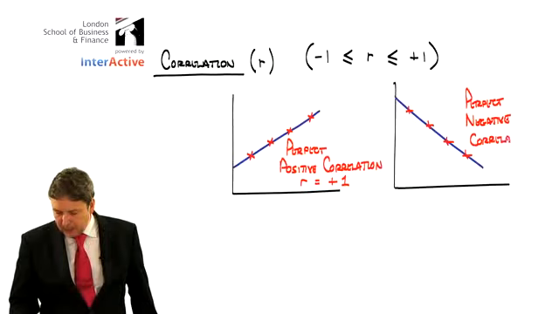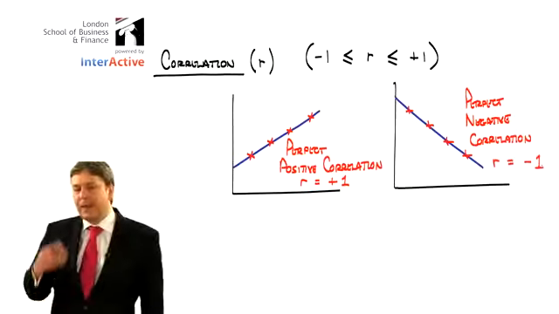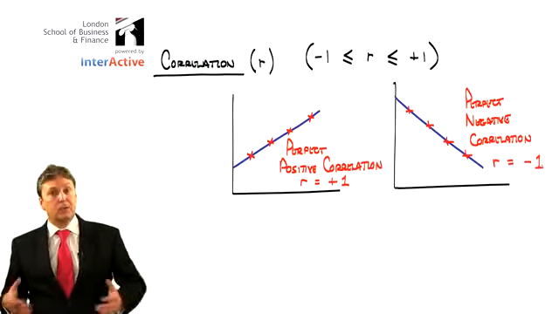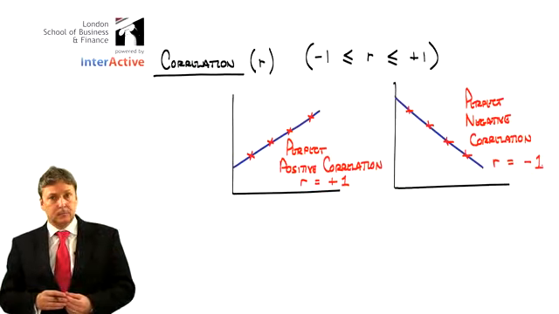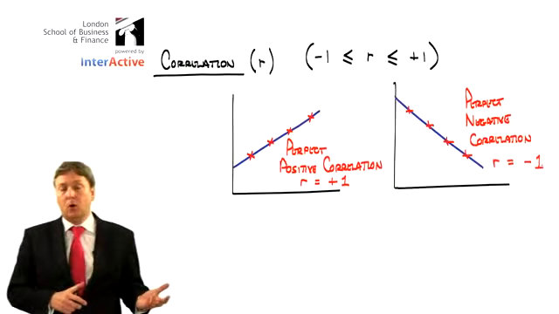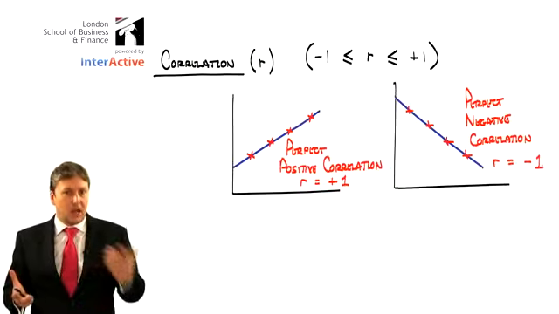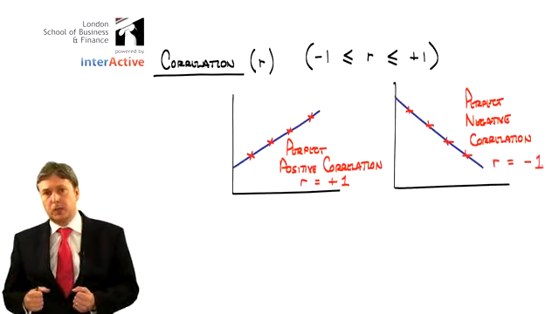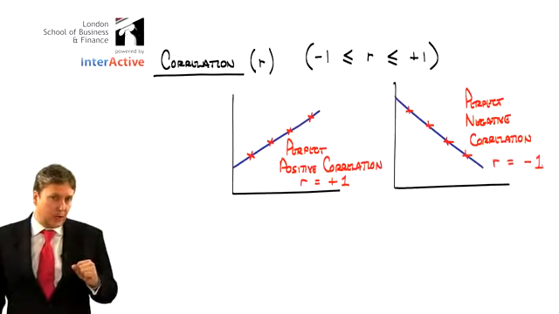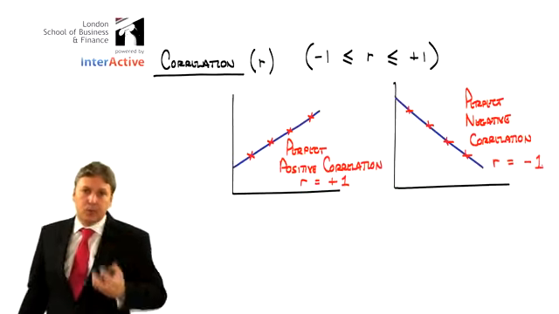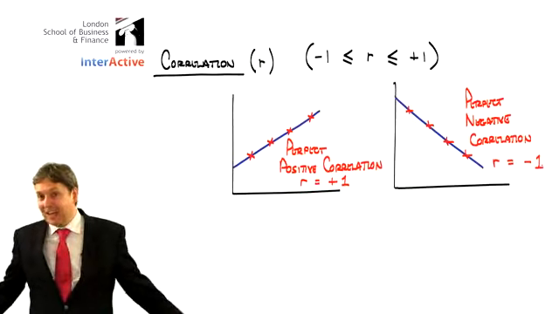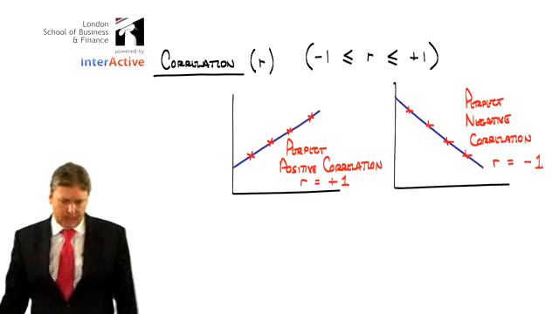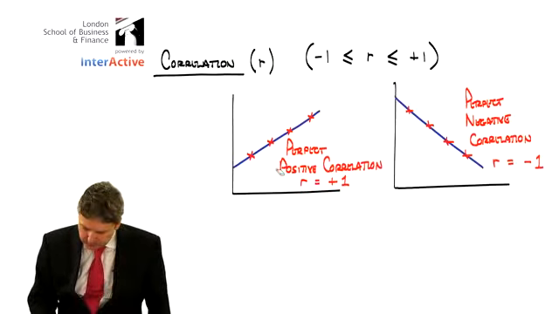Now, in either form, we would be absolutely happy that the underlying data supports the line because of the perfect relationship between the pairs of data and the line itself. The fact that it's positive or inverse, a direct relationship or an inverse relationship, doesn't matter. All we're concentrating on is the fact that the data supports the line well. Of course, we certainly may not get perfect positive or negative correlation.